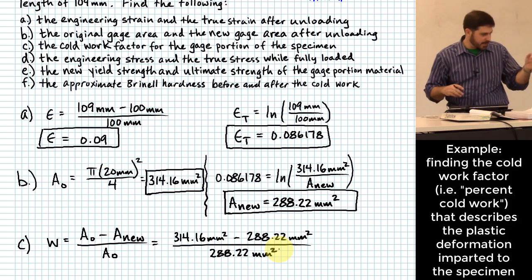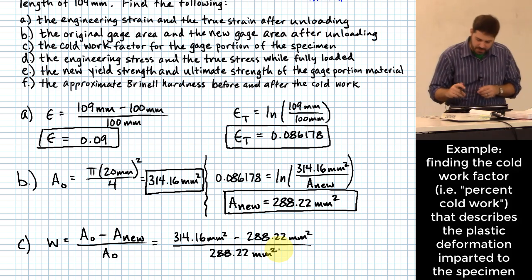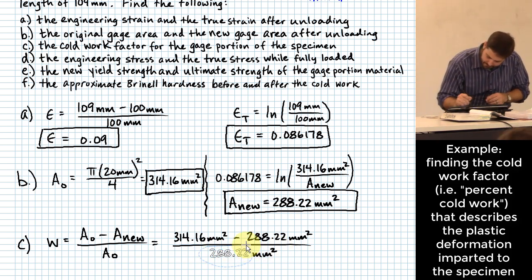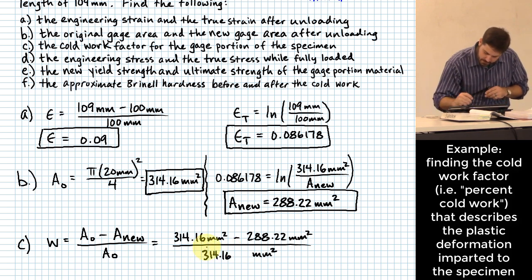Oh, sorry. Thank you. I wrote the wrong number down. What should I put in the denominator? Yeah, sorry about that. I shouldn't have put the new area there. 314.16 square millimeters.